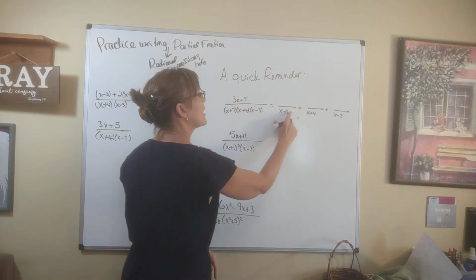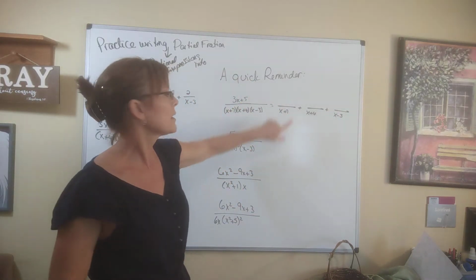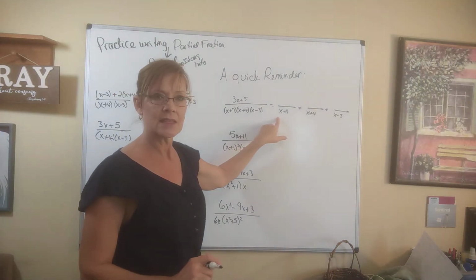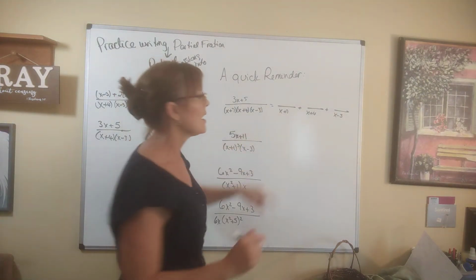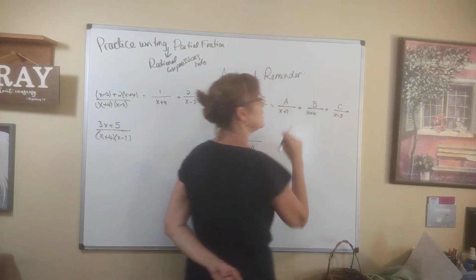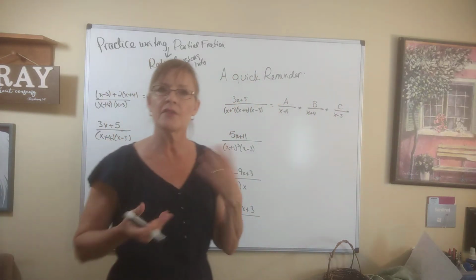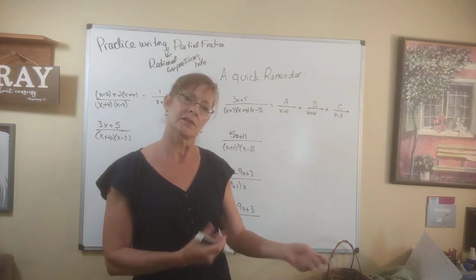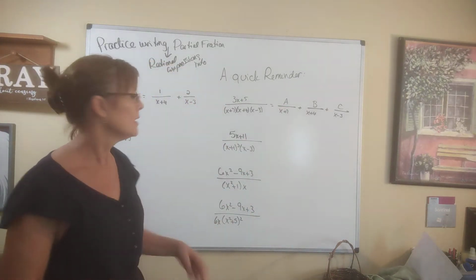And then you would say, okay, I need to put something in the numerator. It's got to be a degree less than this, and so that's just going to be a constant. So you just put A, B, C. You don't have to use A, B, and C, but 3 different variables to represent 3 different constants. That's the template set up for that one.